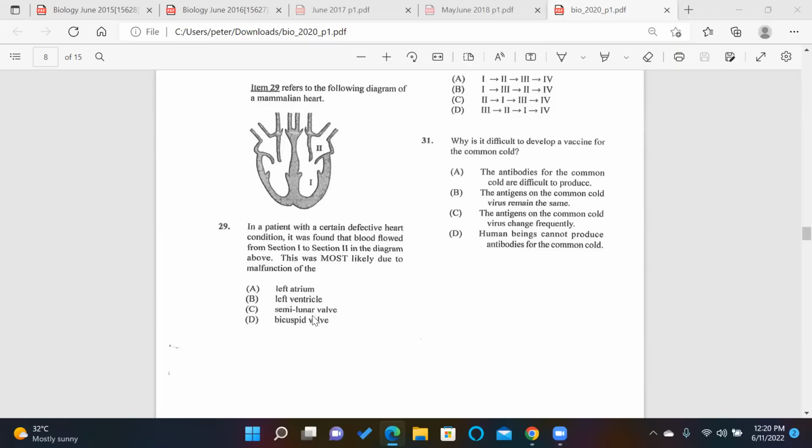So it has to be either the bicuspid valve or the semilunar valve. What's another name for the semilunar valve? All right, guys, let me show you how you remember it. On which side is the tricuspid valve? Right or left?